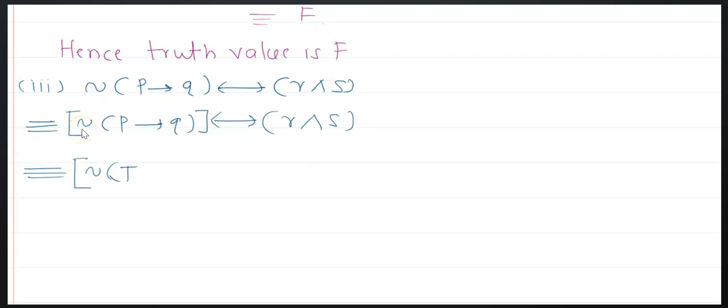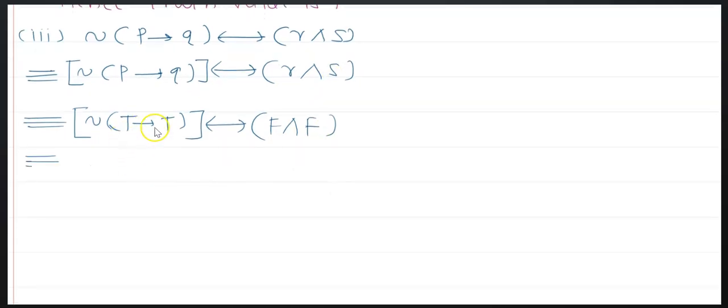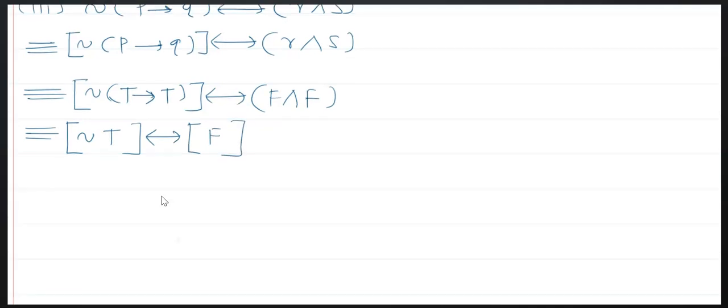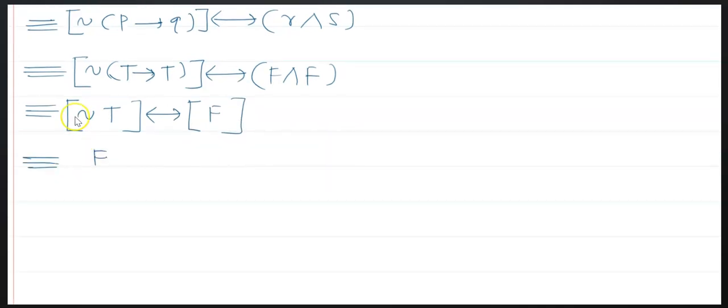Yes, I corrected it. Negation. What is the P? P is T. Q is T. T implies T is T. Double implication R, R is F, and S is F. F and F is T. Therefore, its negation will be F. Negation of T is F. Double implication, both are same. Therefore, it is true.